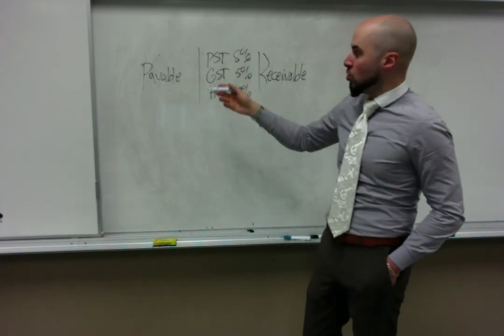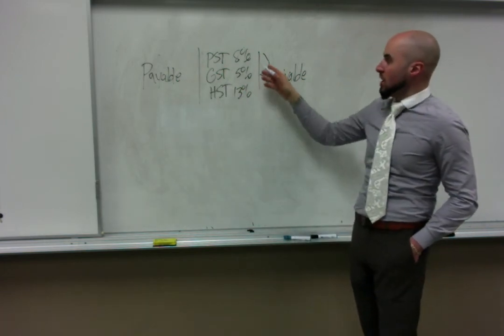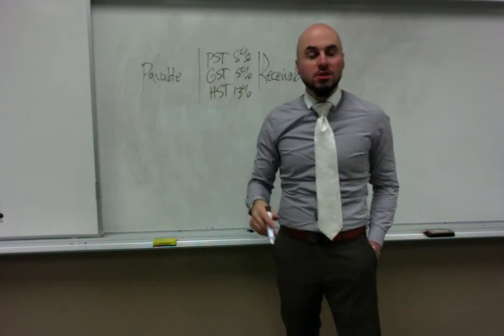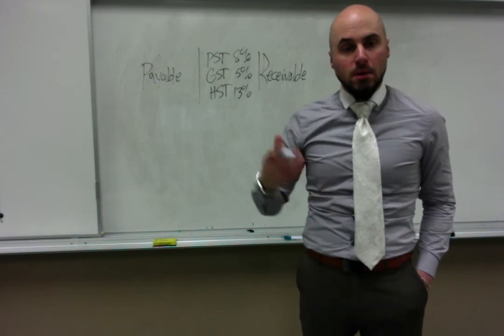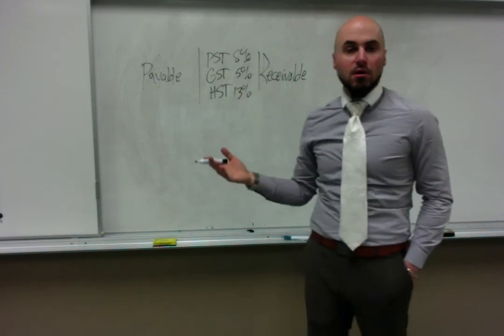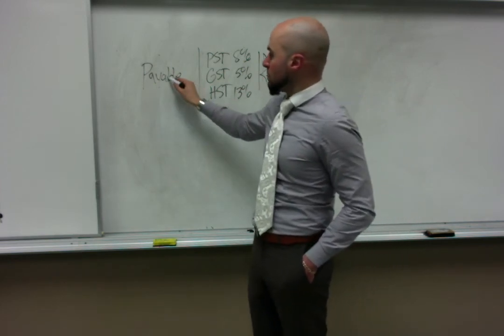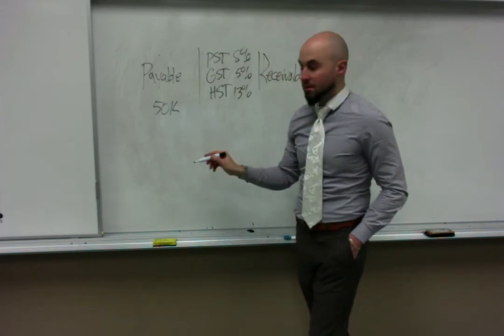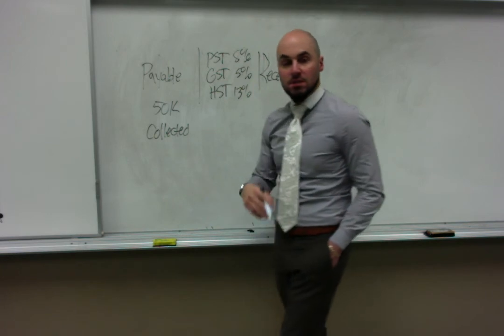And then you get a total, let's say, in all of your collections from your customers, you received tax for the year of just the taxes portion, let's say 50,000. Collected, which means it's connected to our sales.